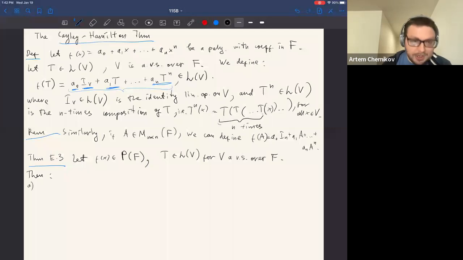The first one, which I already said but we will check carefully now: f of T is itself a linear operator on V.